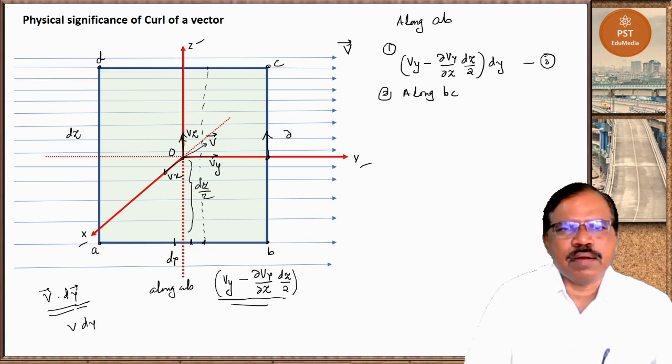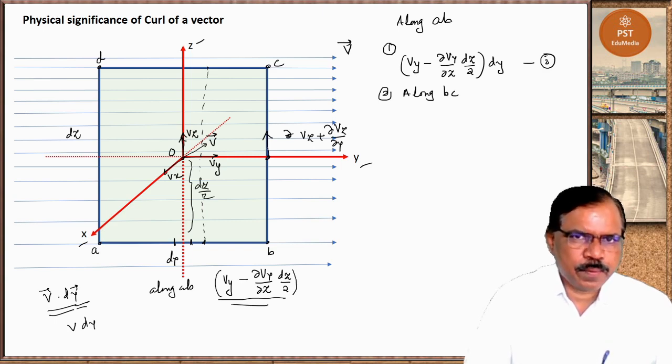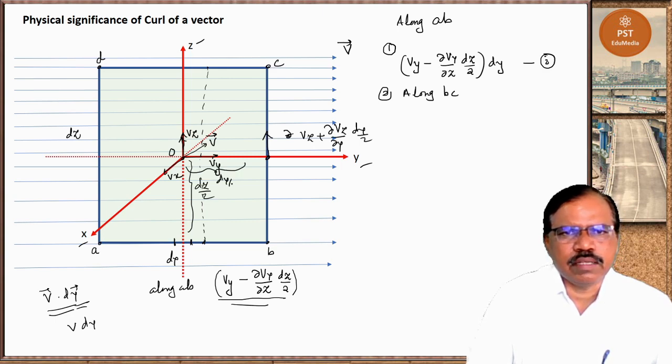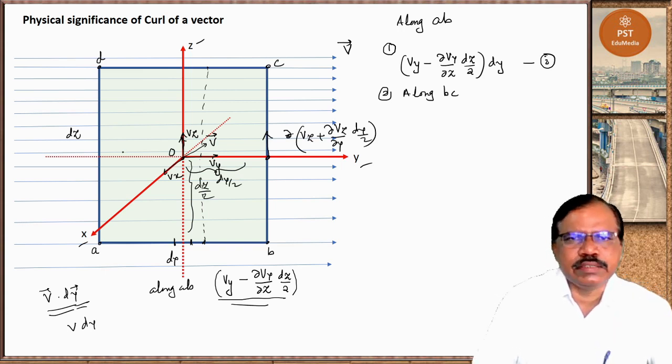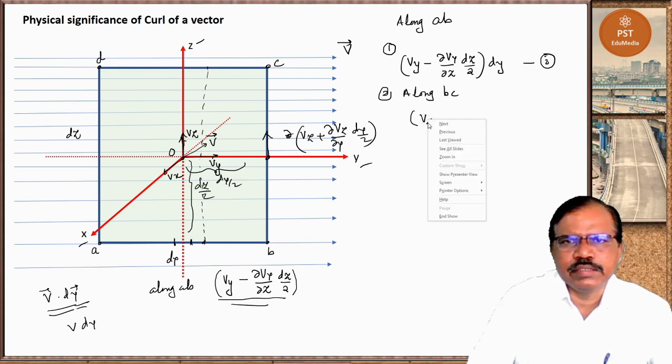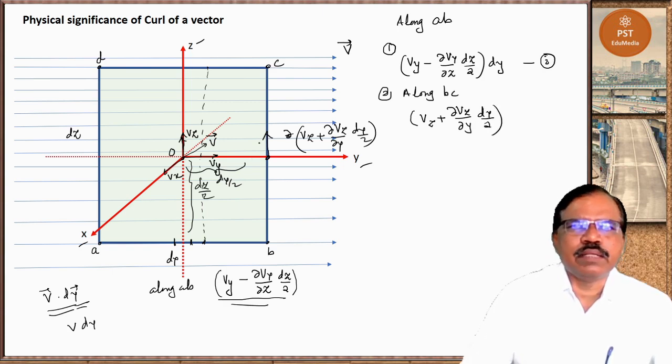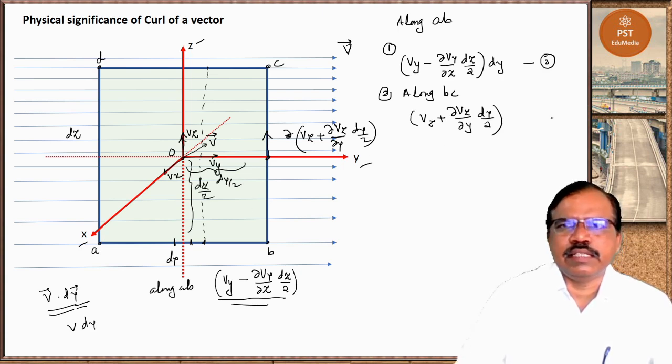So here we will get Vz plus ∂Vz/∂y into dy/2, since this distance is dy/2. So this is the component of the vector field along BC, Vz plus ∂Vz/∂y into dy/2, multiplied by BC, that is dz.